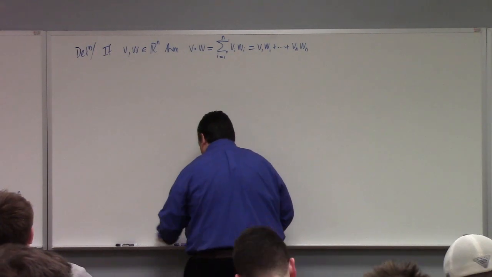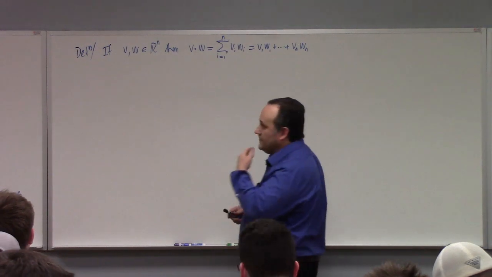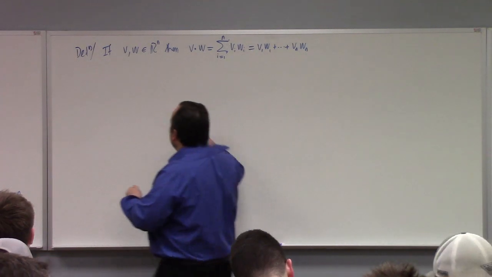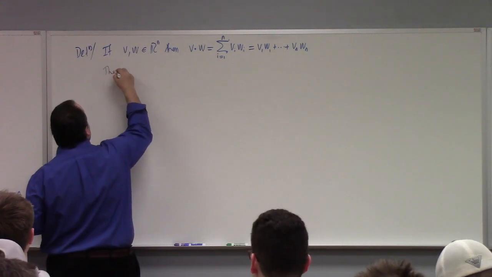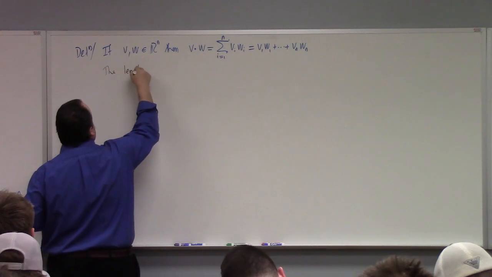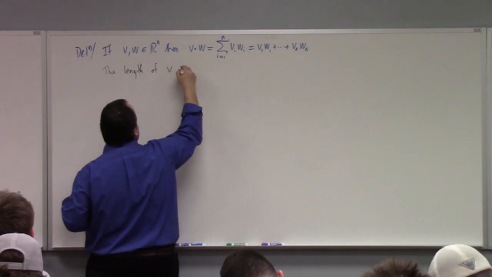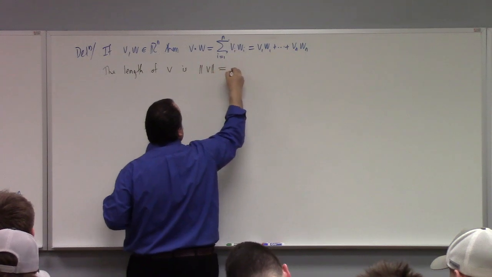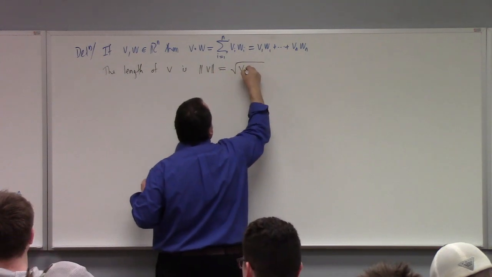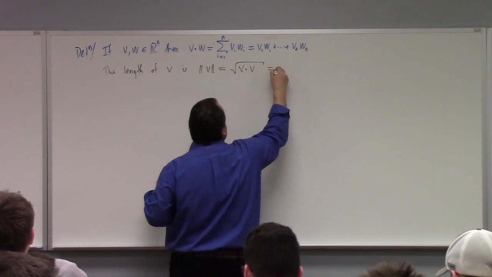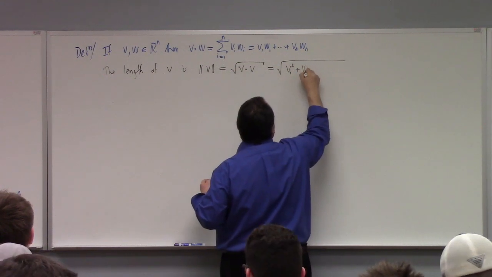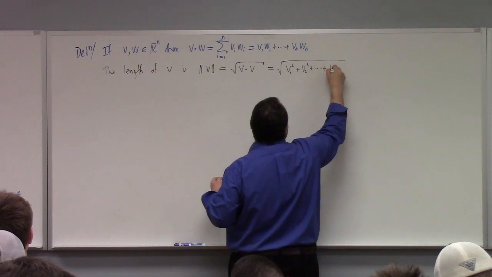Okay, so that's the dot product. Now, we can do other things with the dot product, like the length of V, this symbol right here, which is equal to the square root of V dot V. So that's the square root of V1 squared plus V2 squared plus dot dot dot plus Vn squared.